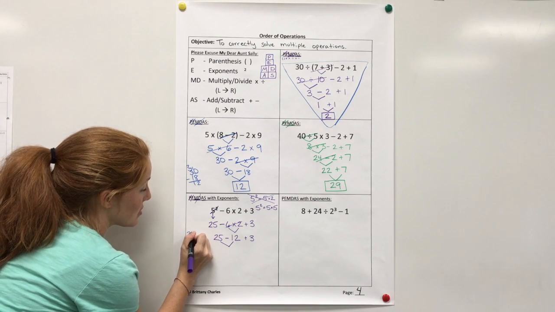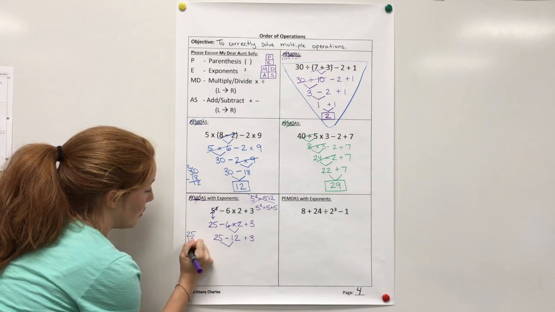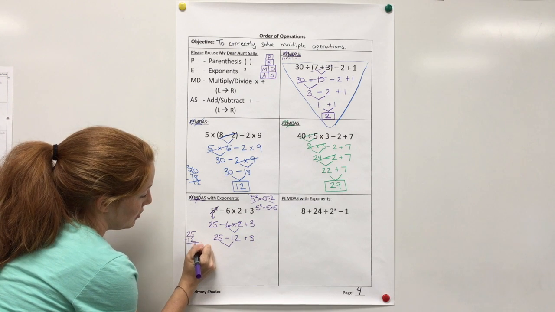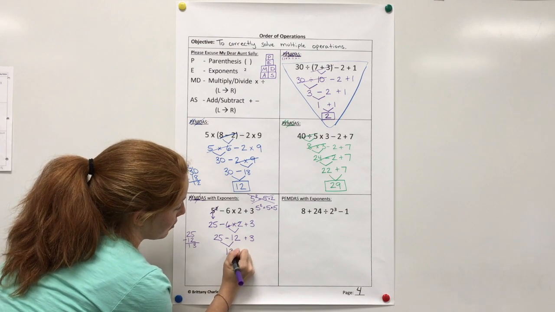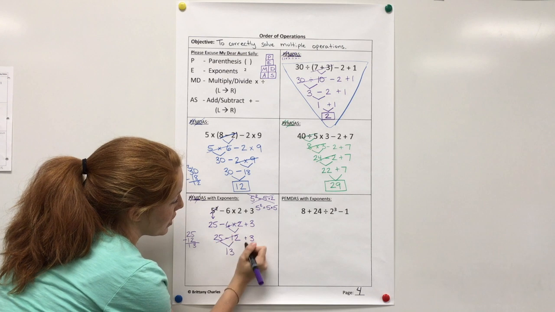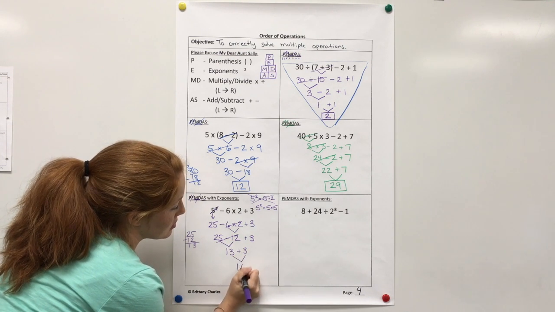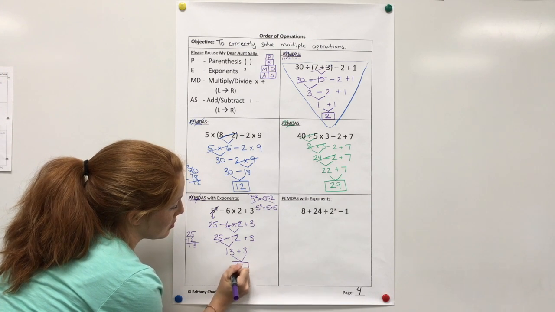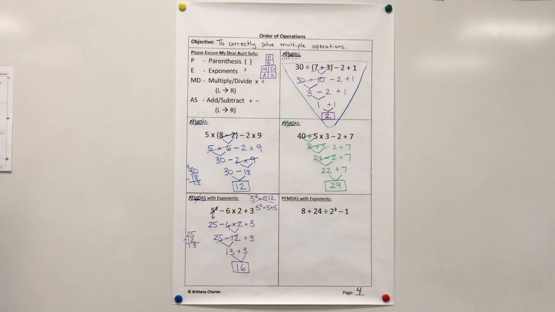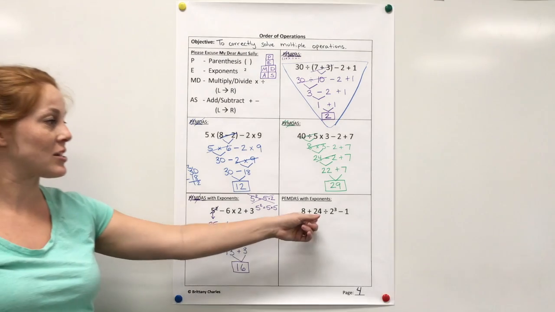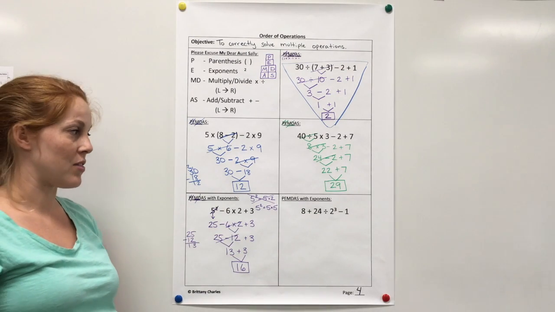Again, you can always come to the side just to make sure you're being careful. 13. This goes away. Bring down plus 3. 13 plus 3 is 16. Okay? Now go ahead and try the last one on your own, and then we'll go over it.